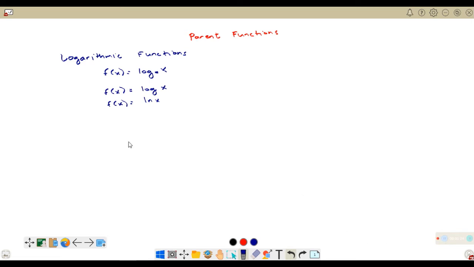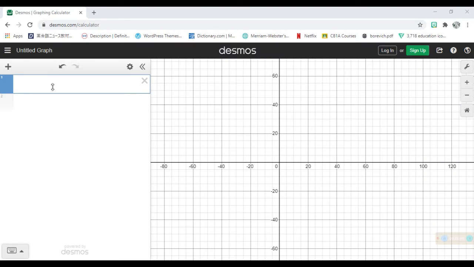Now, let's go to the graph of this function. So just this one, the main parent function. Again, I have prepared here the Desmos graphing calculator. And we're going to graph the parent function logarithm of x with base a.